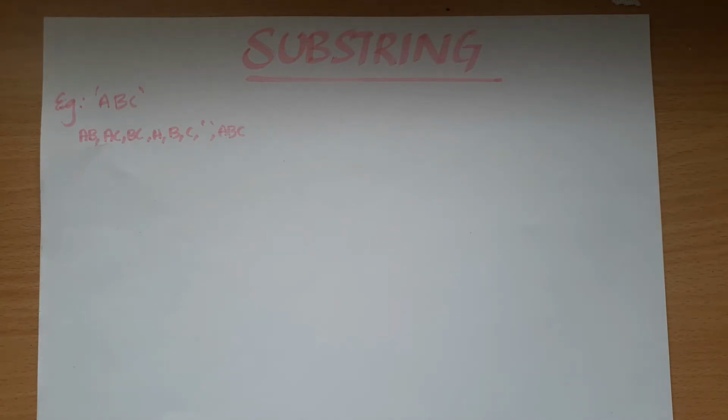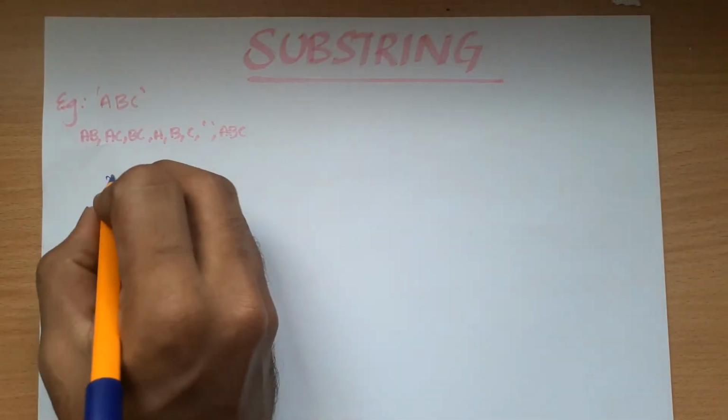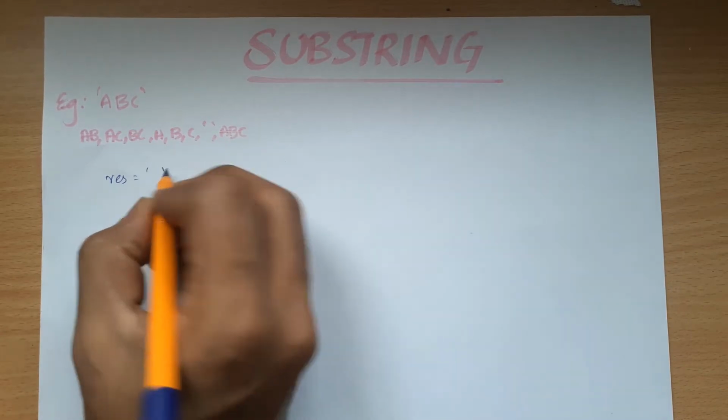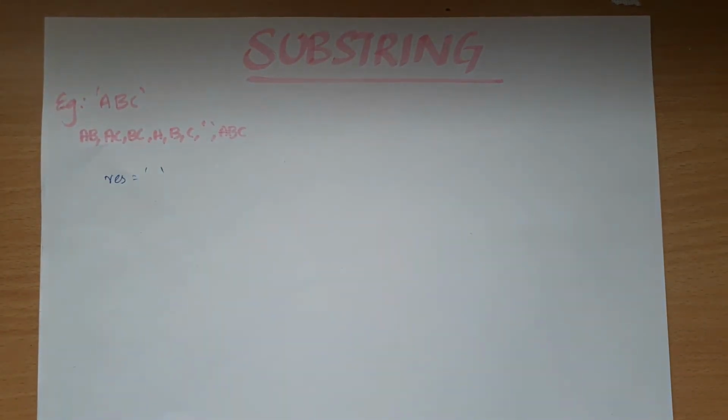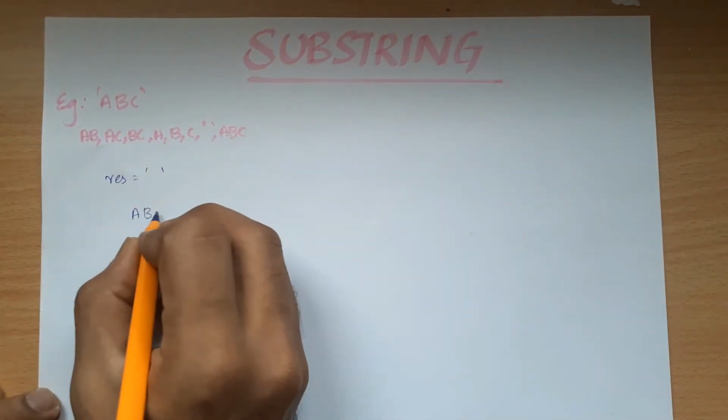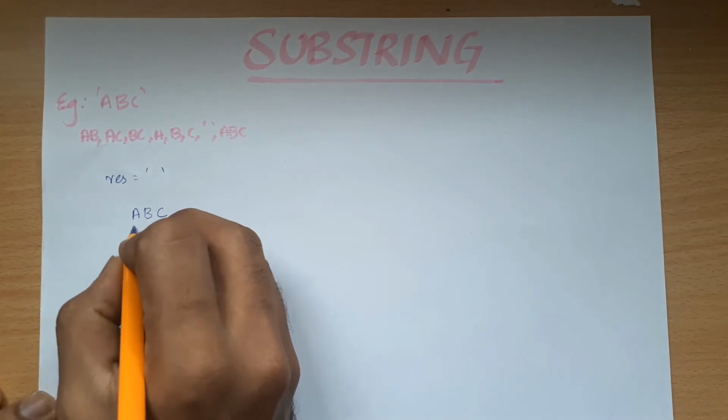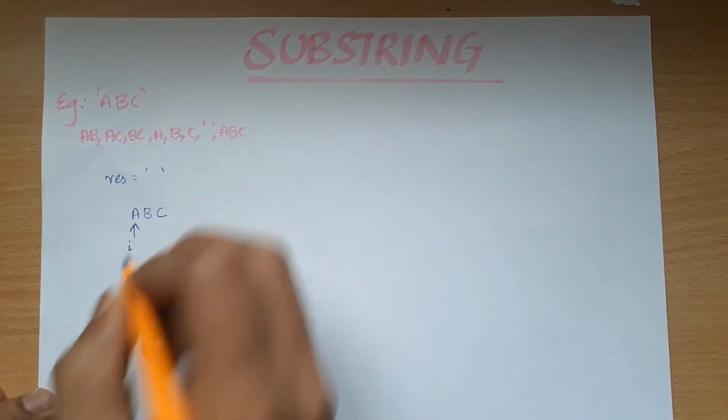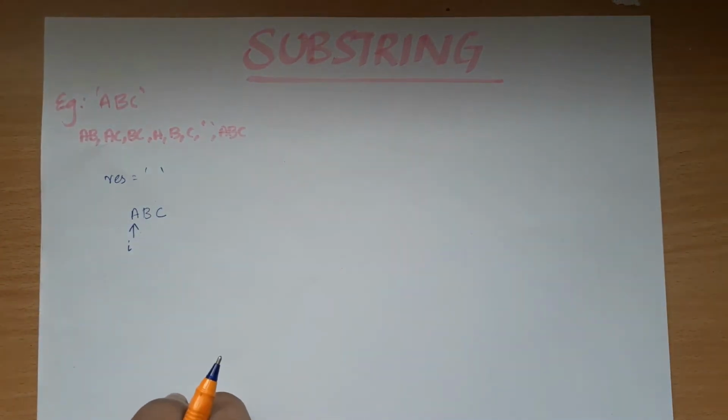Now to solve this problem, our first step would be to initialize a result string to an empty string. This is our given string. We'll place our iterator on the first position. We'll name the iterator I, and it will point to the first position in the string.